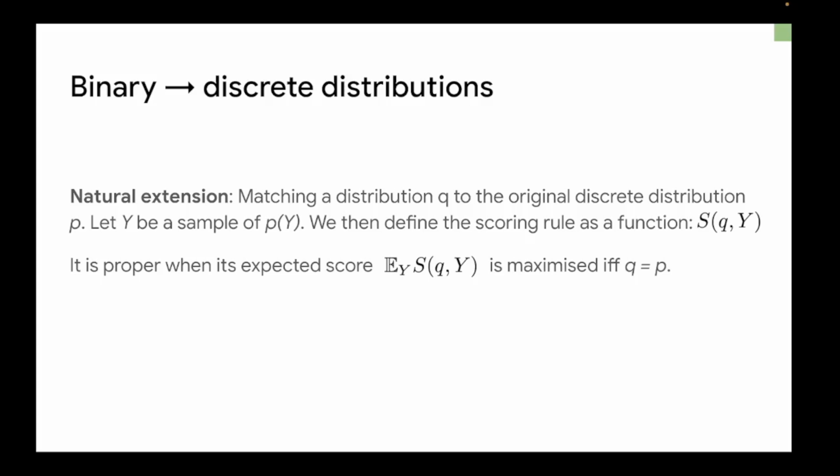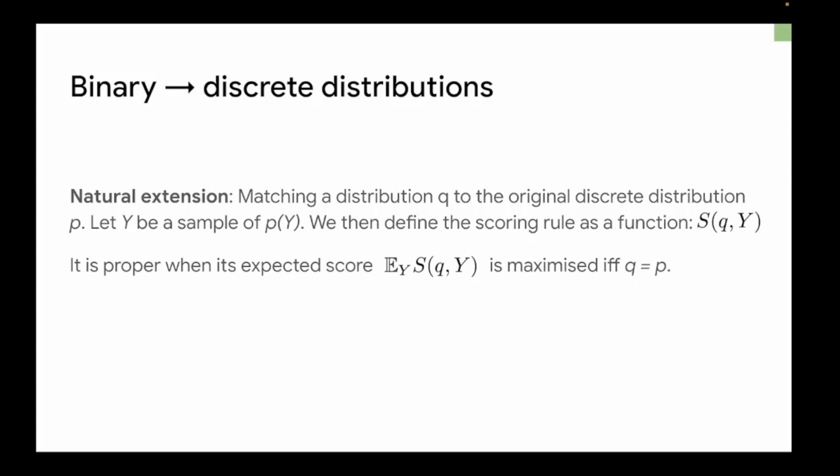If you remember from two lectures ago, a scoring rule is just a function of a distribution Q and Y, where Y is a sample from some true distribution, and Q is your prediction of the distribution. You can think of that as the parameters of this distribution as well.